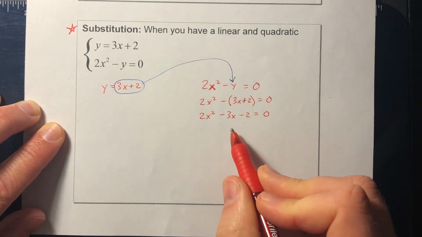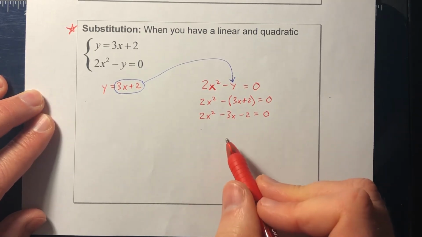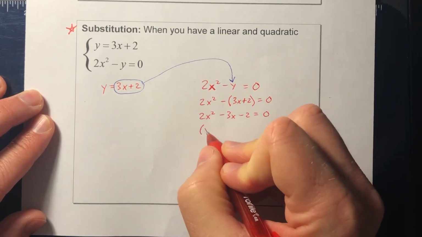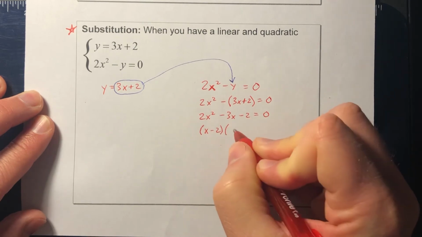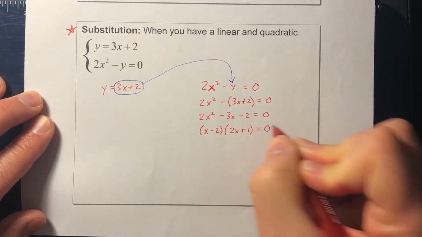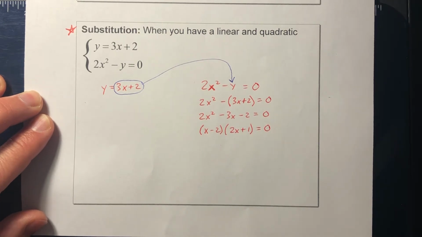Now we're going to factor this. I'm not going to take the time to show you all of it; we did the SMAG method, split the middle and group, so you can review that if you need to. But if we were to factor this correctly, you would end up with (x - 2)(2x + 1).